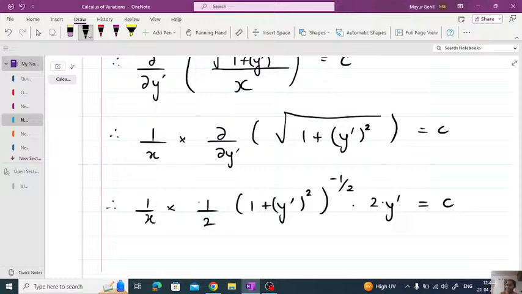So have you followed this derivative? Please let me know in the comment section. Have you followed this? Because again, y dash is to be treated as a variable.